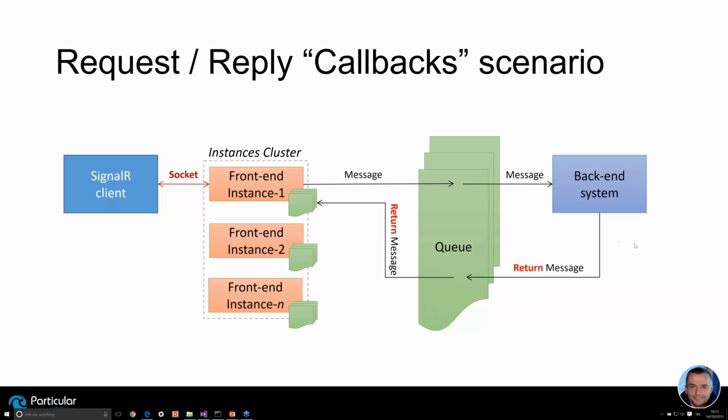That will end up through the queuing system in the backend system, and when the backend replies, it will do a bus.return and will get back to the correct instance that created its callback queue, and will then come back through the sockets to the client. Obviously, that will work perfectly so long as the instances don't change, because if the reply comes back on a different socket, or if something gets disconnected, then that won't work.